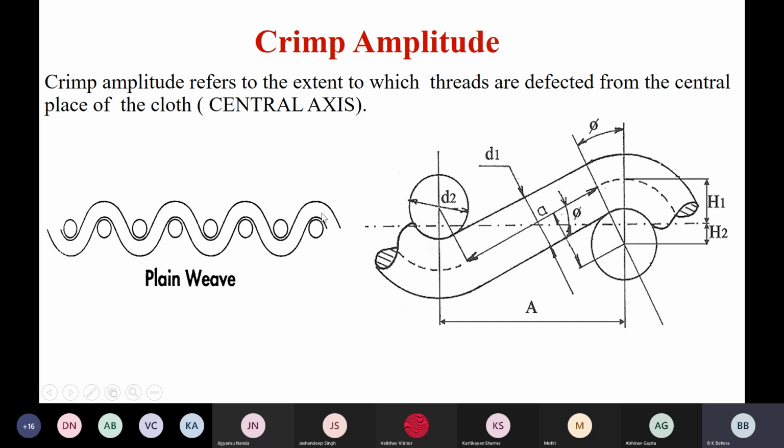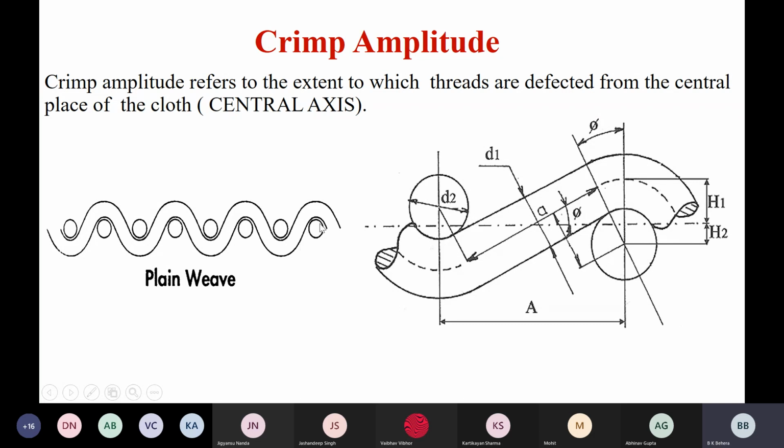If it is in the warp direction, the load will be on the warp yarn. Then what will happen? The yarn will not break, and the fabric will not break immediately. First, it will start straightening this crimped yarn in the fabric. And if this crimp is high, it can be extended a longer distance.